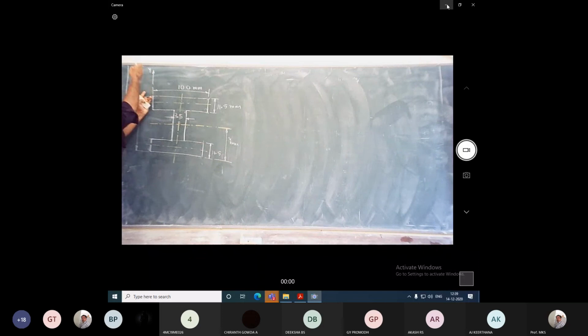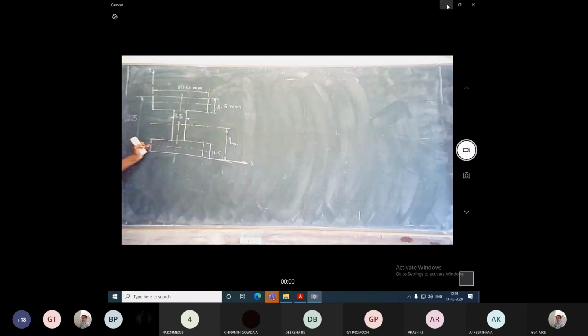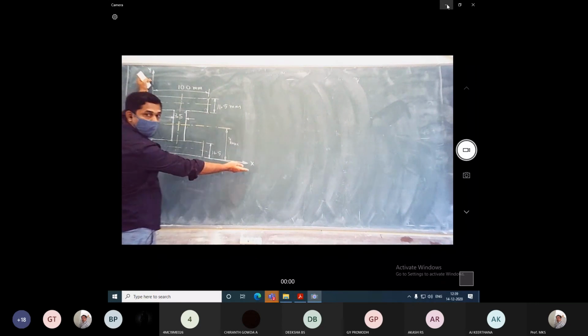So to the section, I'll be marking the leftmost fiber as y-axis, and the bottommost fiber I'll mark as x. Okay. The first step is you should mark the reference axis: to the leftmost fiber you take it as y-axis, and to the bottommost fiber you take it as x-axis.